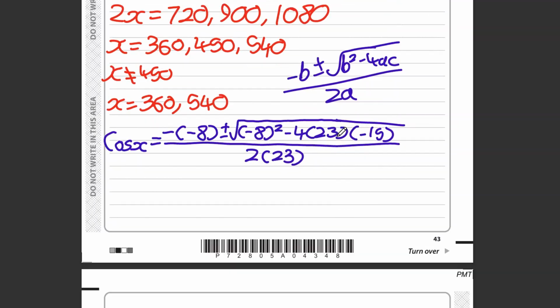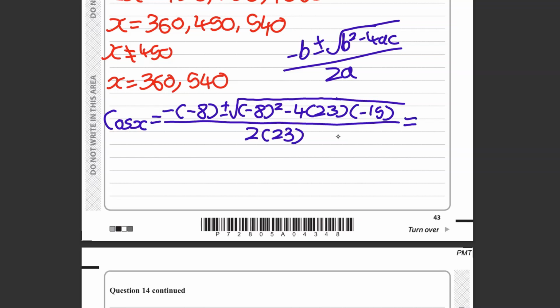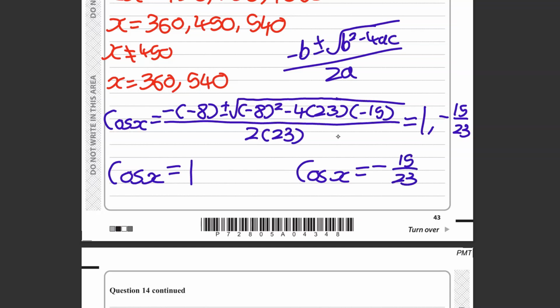If you put this into your calculator, you get out a value of 1 and minus 15 over 23. So that means that cos x is equal to 1 and cos x is equal to minus 15 over 23.